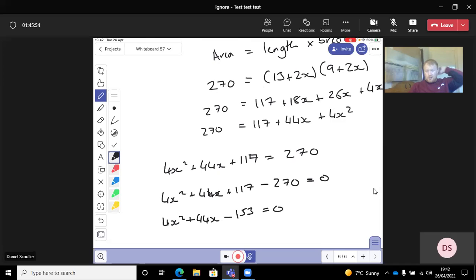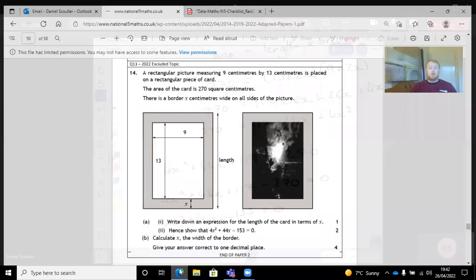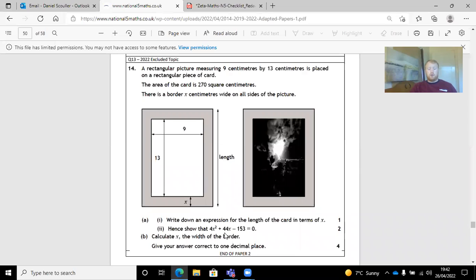Okay, and that's your expression: 4x squared plus 44x minus 153. Christ, that's not 2 marks. Stingy. My God. Okay, essentially you're just tidying up. You're breaking brackets and you're tidying up an algebraic expression.